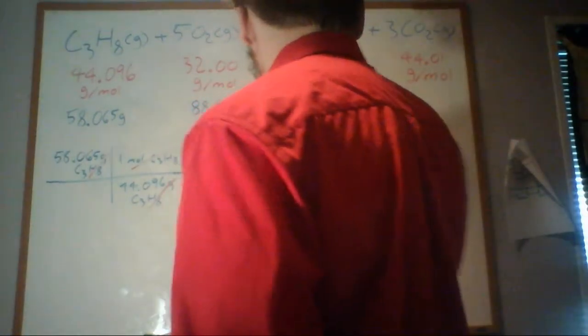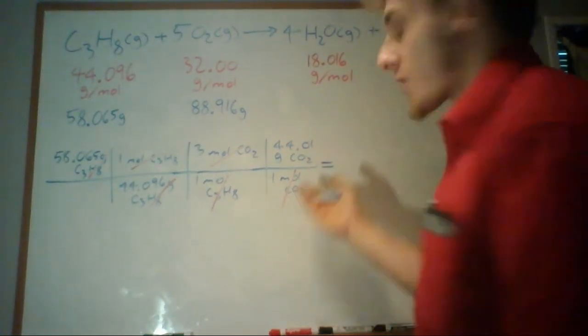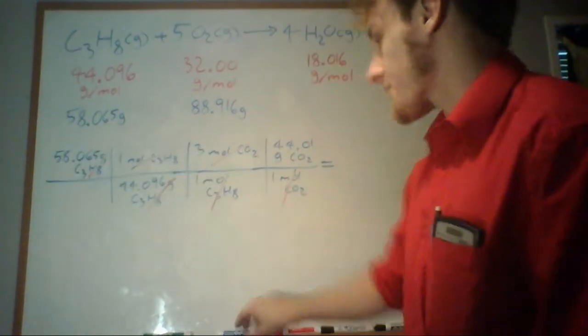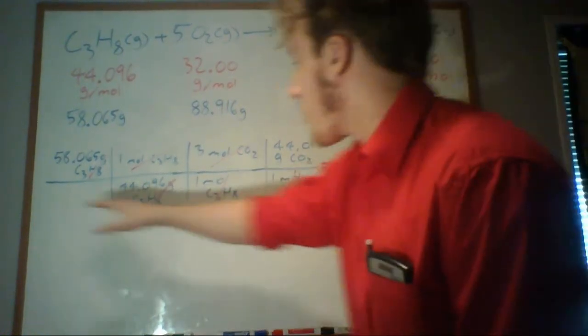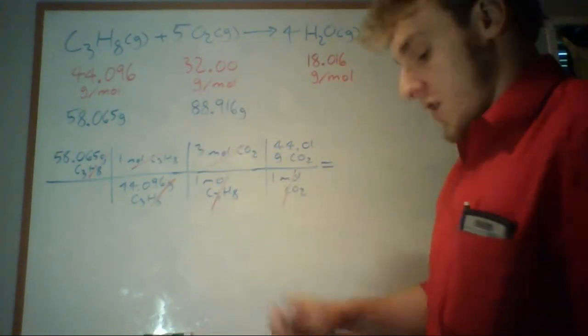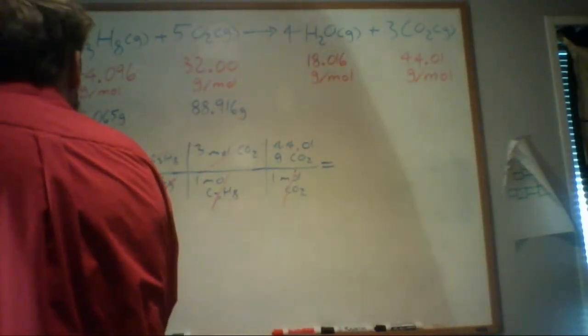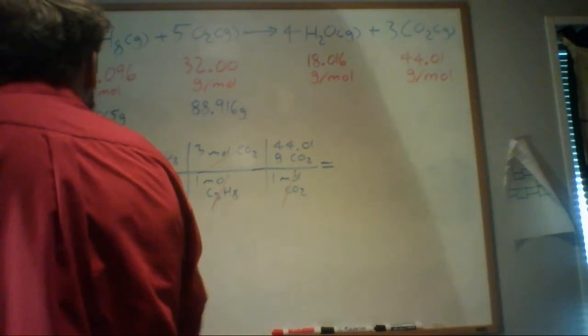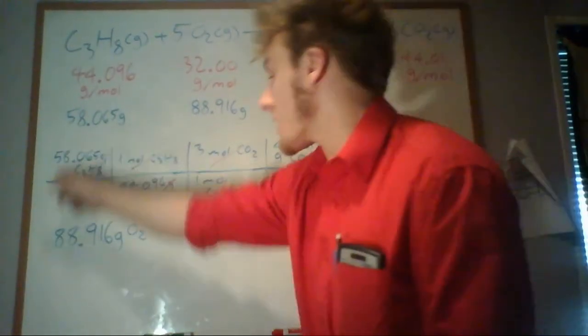Now, once we punch this into the calculator, we should be able to figure out the grams of CO2 produced given this much propane here, right? Now, before I actually punch this into the calculator, I'm going to go ahead and repeat this whole process given this much oxygen. So, if we have 88.916 grams of oxygen, we're going to start with that grams of oxygen, and we're going to go to moles of oxygen, just like we did up here for our propane.